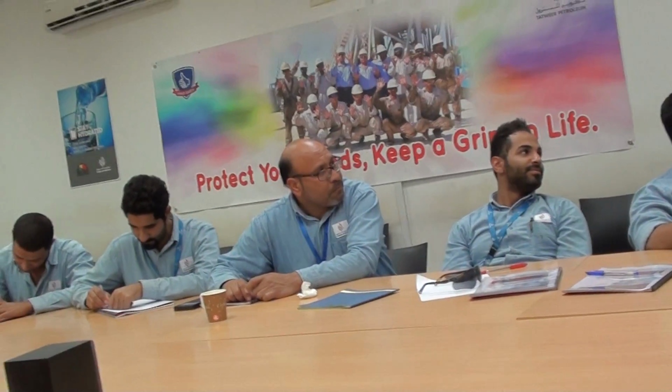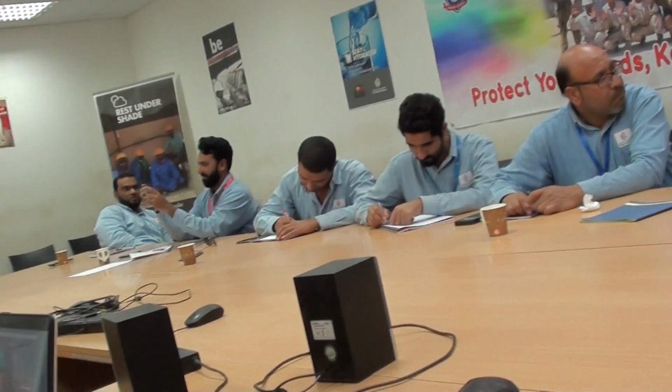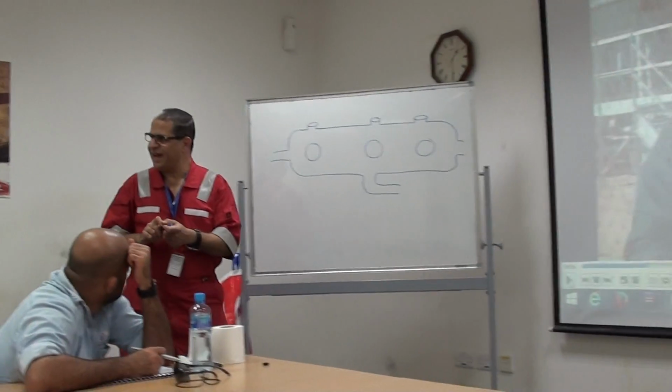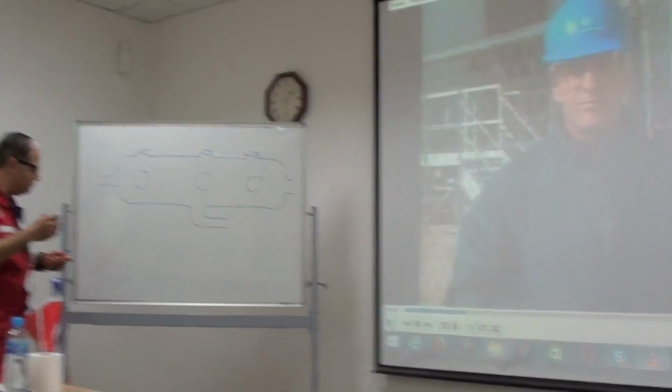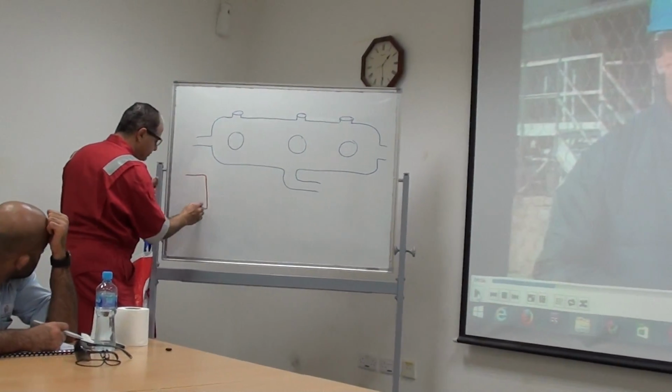There are two vents, one at this end and one at this end, and there is also one vent in the middle. And there are 3 manholes, and we want to measure the gas using the multiple gas detector.